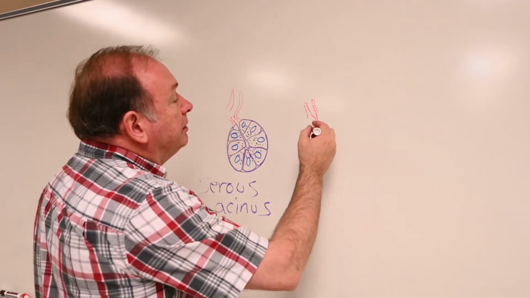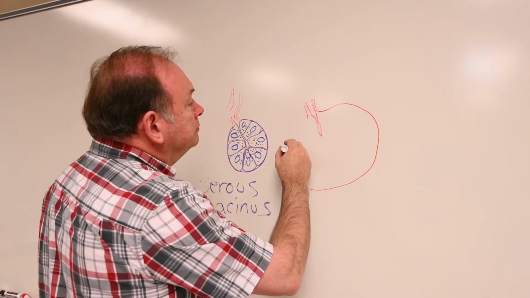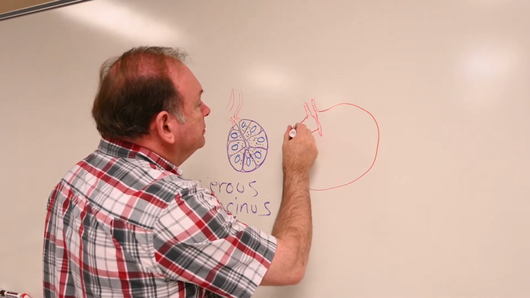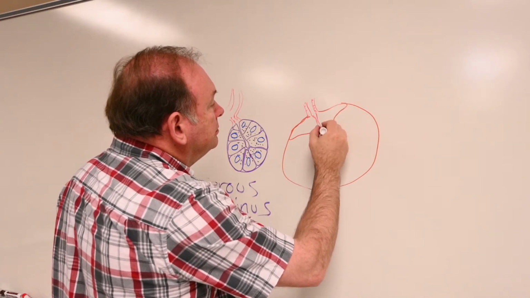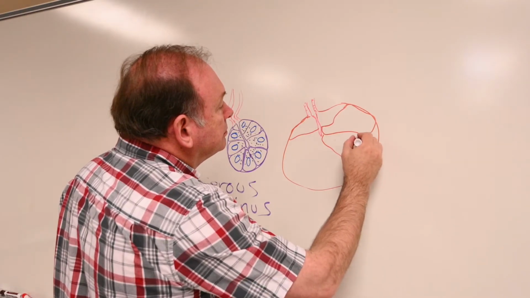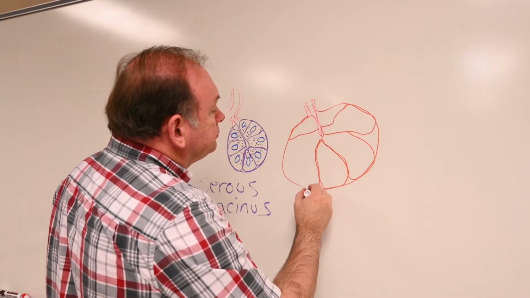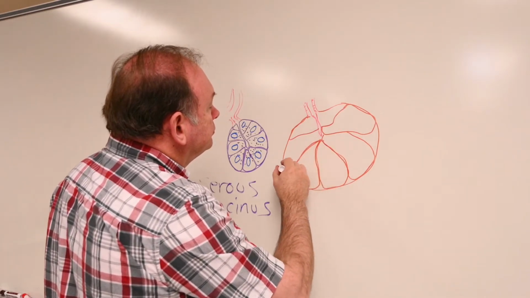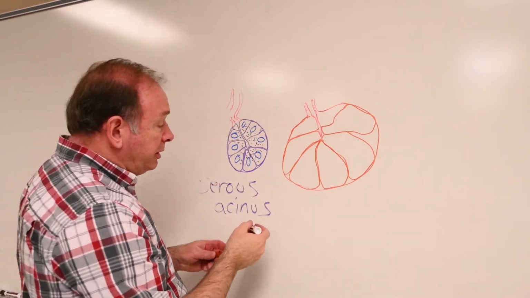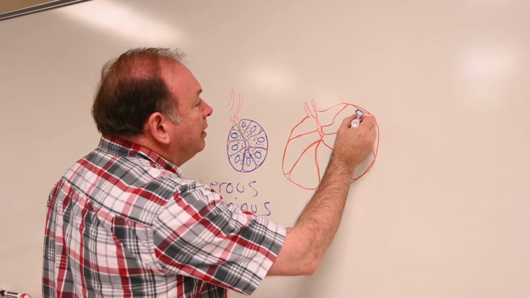The mucous cells are generally much larger and they don't have the purple staining granule material in there. Their nuclei are located near the base of the cell, way down in here.